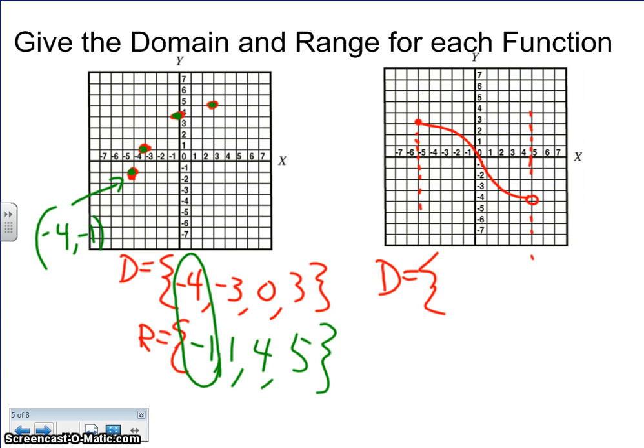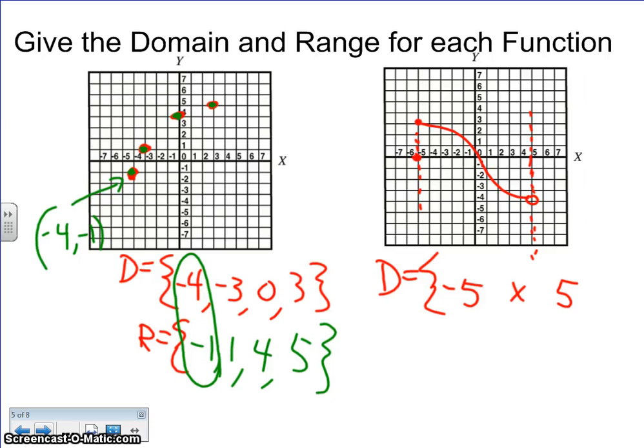The lowest end of the x is right here at -5, and the highest end of the x is right over here at 5. And that function flows in between -5 and +5. So I'm going to put a little x in between my -5 and my +5.